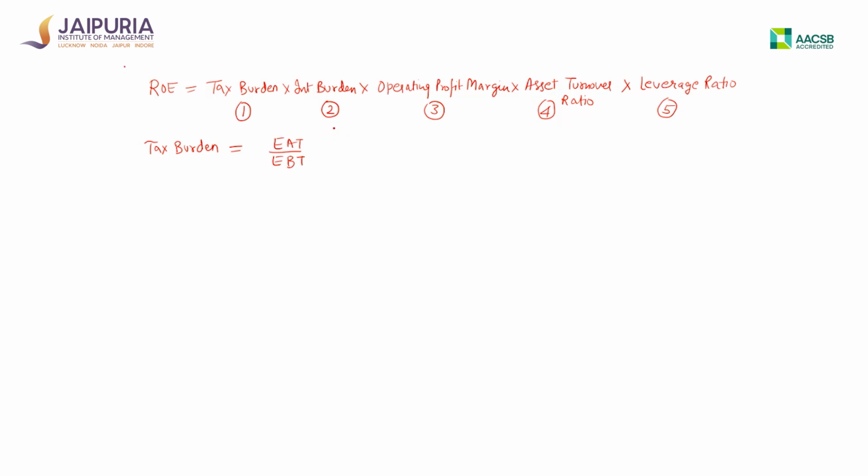If I further decompose it to understand the tax burden, I can write it as EBT minus taxes upon EBT, which is equal to 1 minus tax upon EBT.